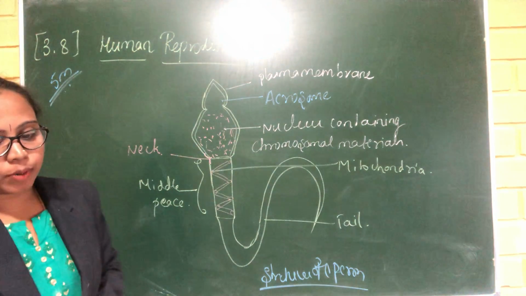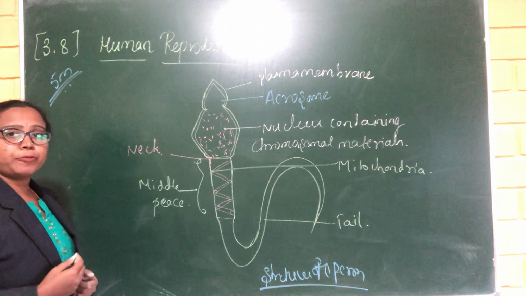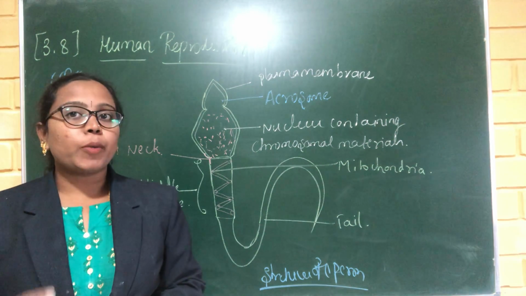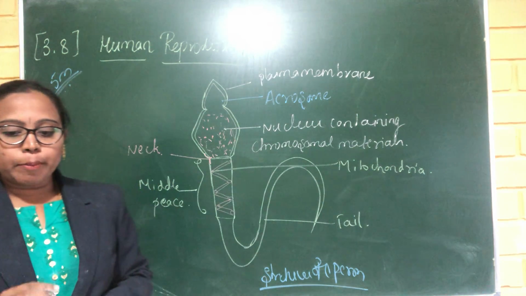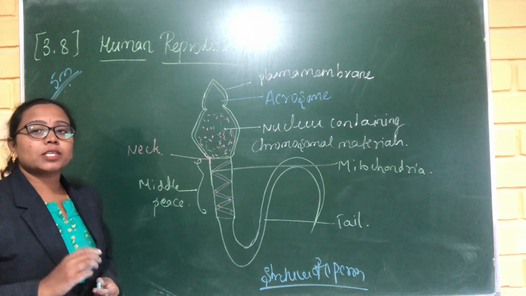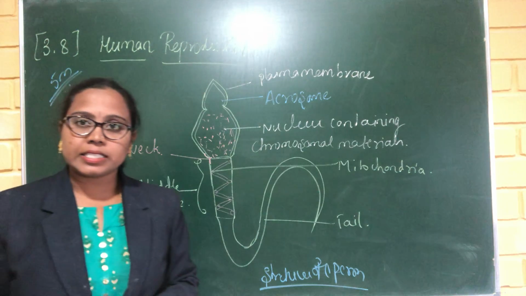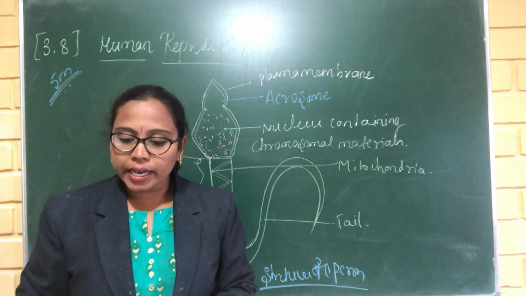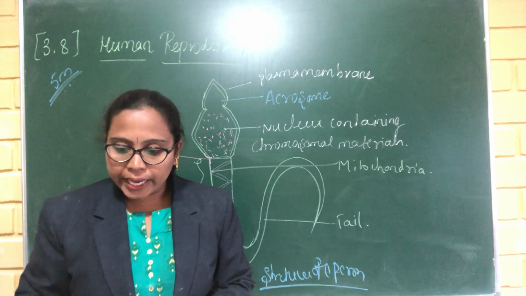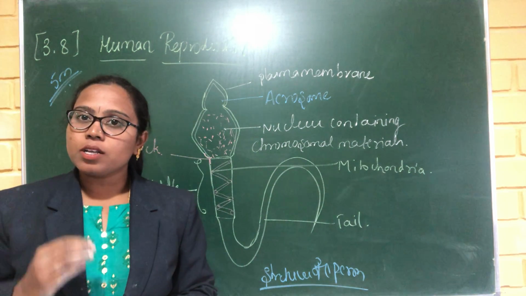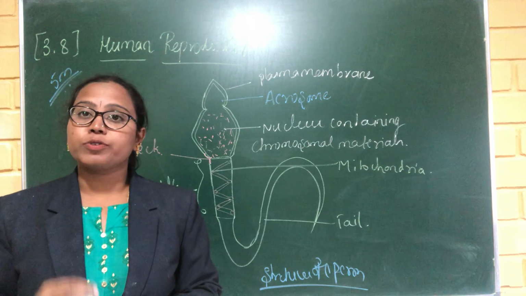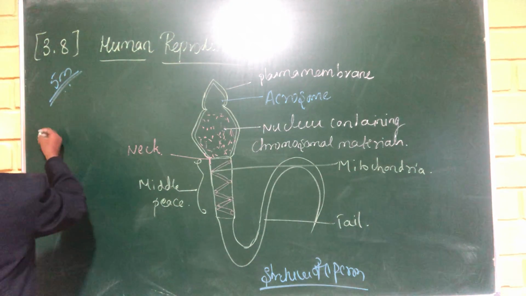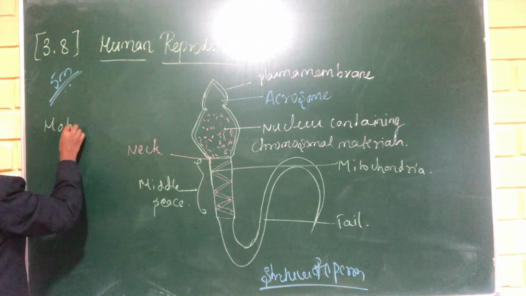What is the definition of sperm? A sperm is a motile haploid male gamete produced in the seminiferous tubules of the testes.